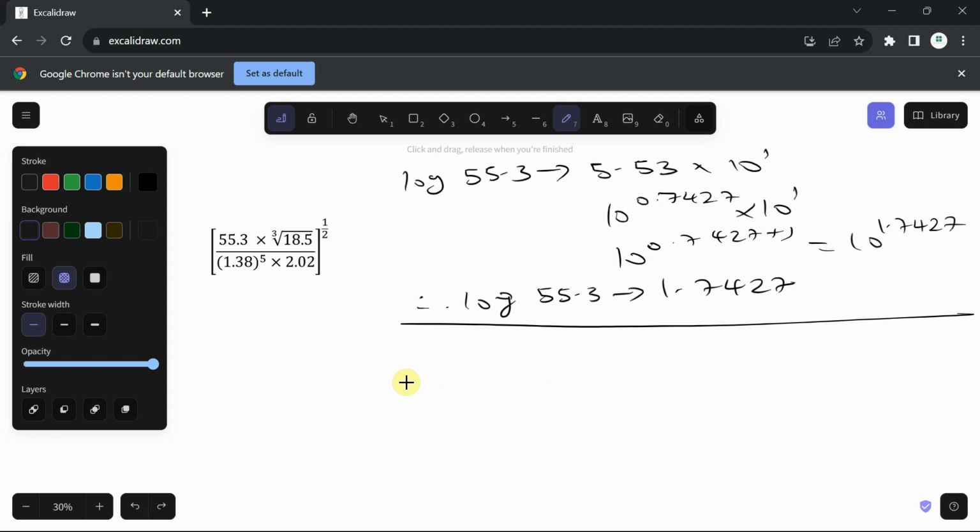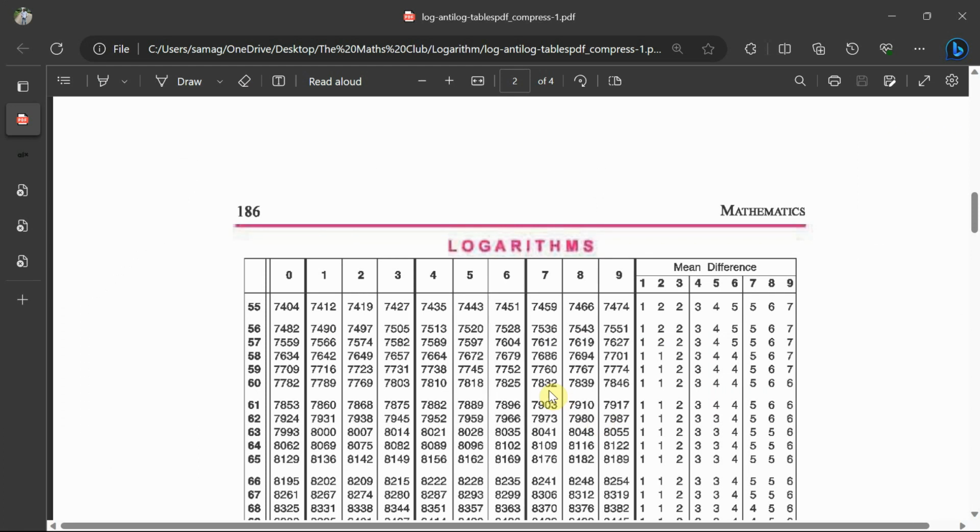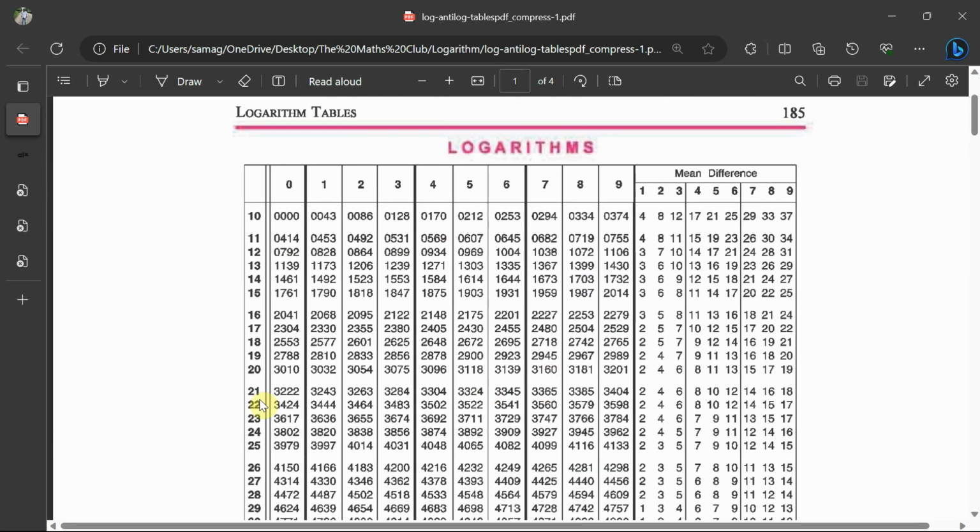Let's find the log of the next value. I want to find the logs together. So the log of 18.5, in standard form, is 1.85 times 10 raised to the power of 1, right? So I'll go to 18 under 5. 18 under 5 is 0.2672.